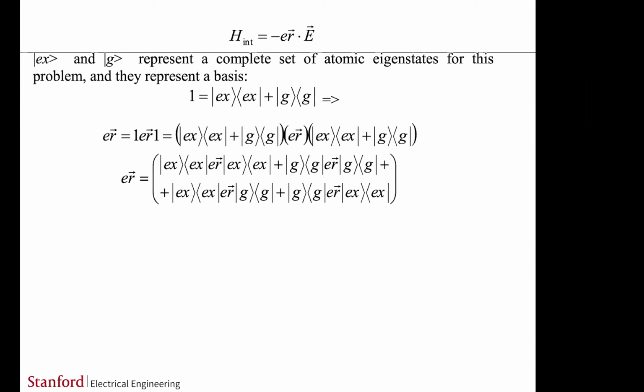Could you say that again? Electric field variation in space is much slower. I mean, you're talking about optical frequencies. It's much slower than the rate of variation of the wave functions of your atom, right? So the size of your atom is much smaller than the size of the electromagnetic field, right?